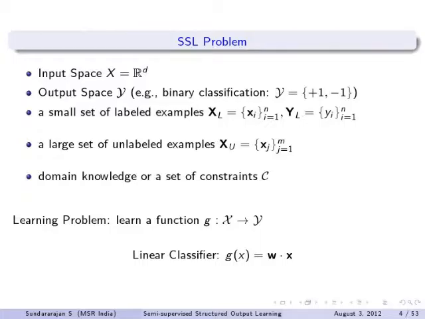To formalize, we assume that the input space is a d-dimensional real space, and the output space is typically problem specific. For example, in a binary classification setting, we have the label space as +1 or -1, which indicates the labels for the examples. And typically we have a very small set of labeled examples where xi denotes the feature vectors, and yi are the corresponding labels associated with them.